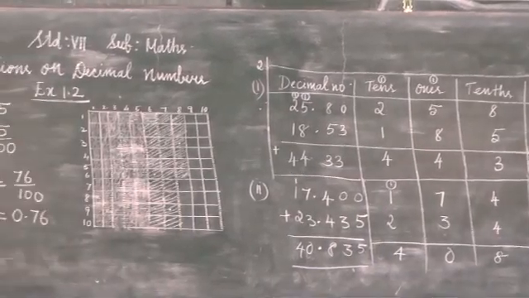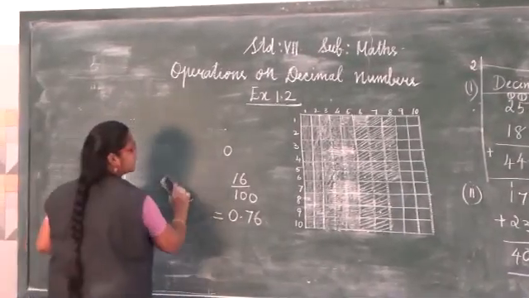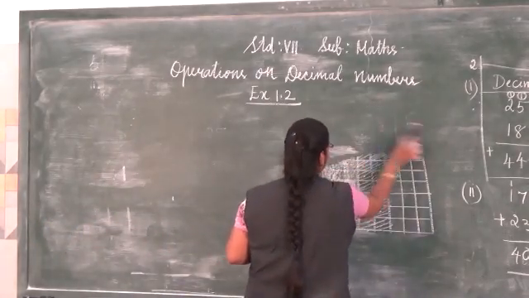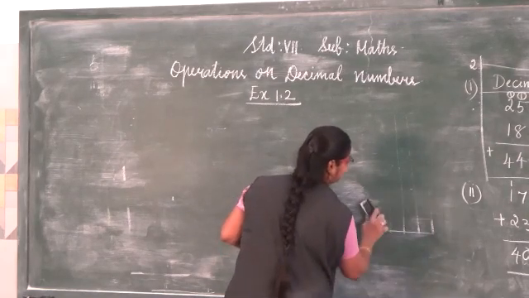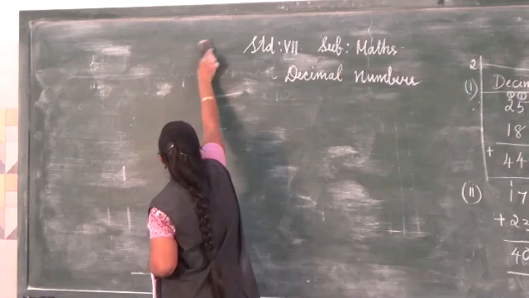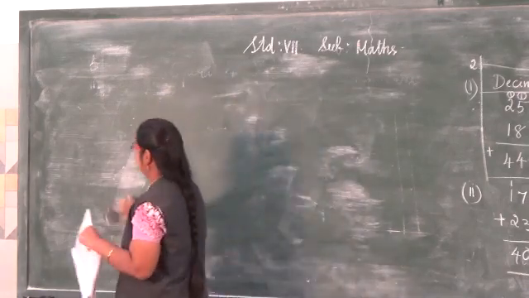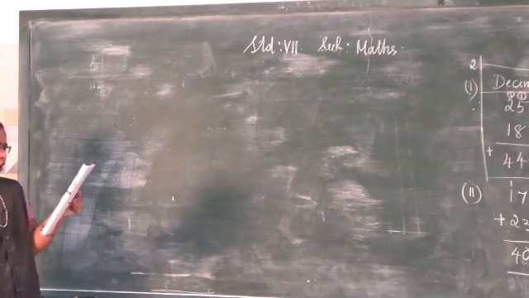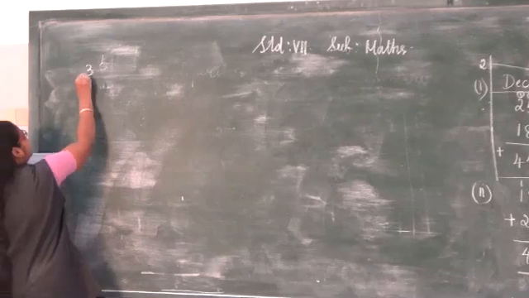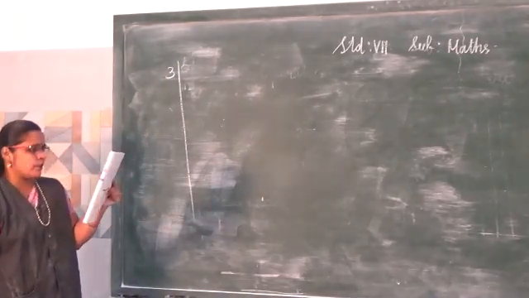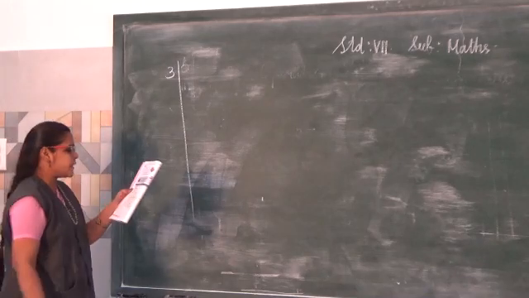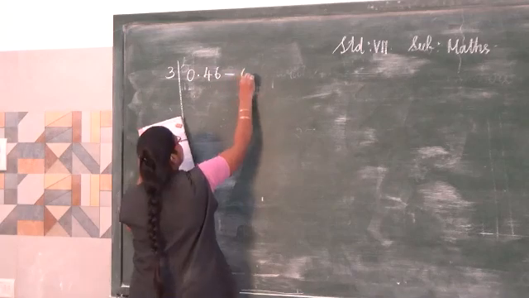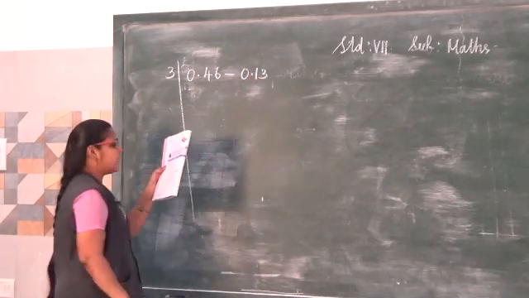Now we will see the third problem. Third one, find the value of 0.46 minus 0.13 by grid model.